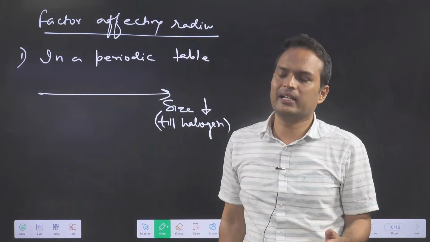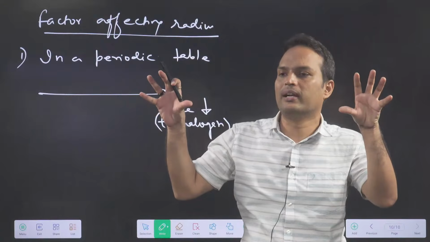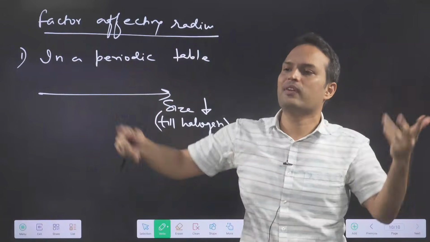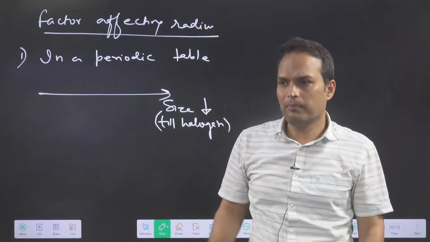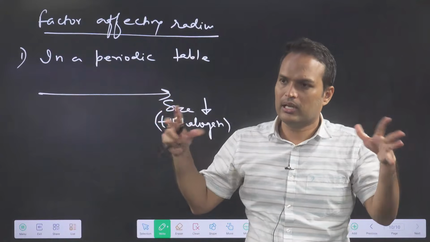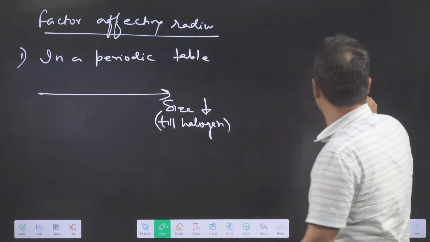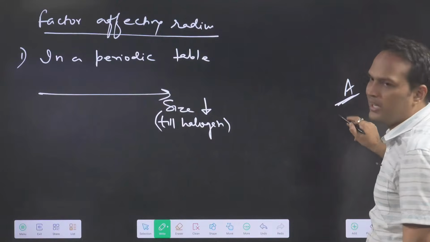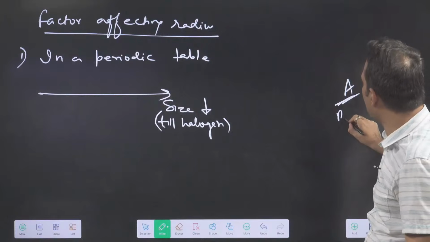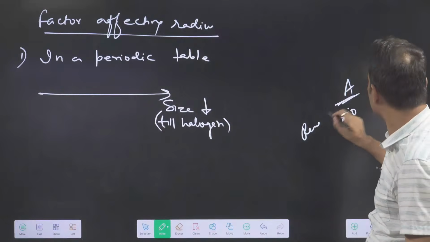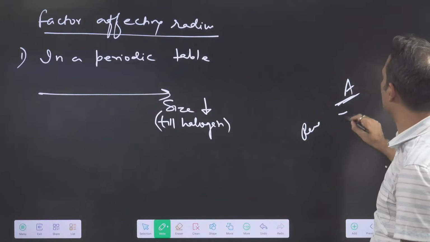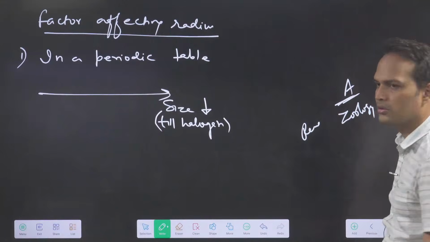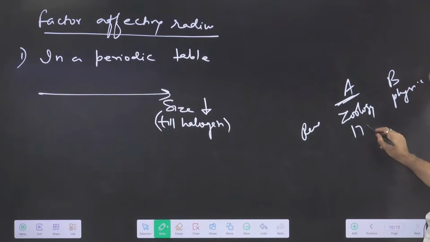In NCERT they are writing that we should not compare van der Waal radius with covalent radius. If you have to compare everyone's van der Waal, or if you have to compare, then compare everyone's covalent. Don't compare one covalent with other van der Waal. Like suppose two students are there, A and B. I am comparing this child's NEET 2026 bio marks and this child's physics marks. In bio you will say sir 360, this one 180. Okay, zoology marks: this child will say sir I got 175, this child will say sir I got 80.